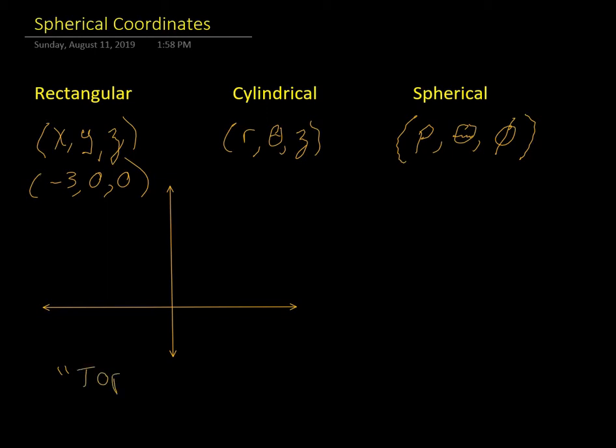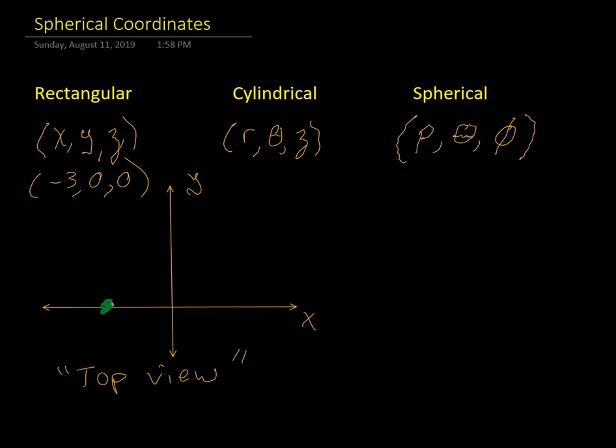So the top view is where I begin. This would be looking down upon the X and Y axis. And if the Z-axis were drawn, it would come straight out of the screen if you had your amazing three-dimensional VR goggles on. So top view, X is -3, Y is 0, and Z is also 0, so that point would be here on the X-axis.